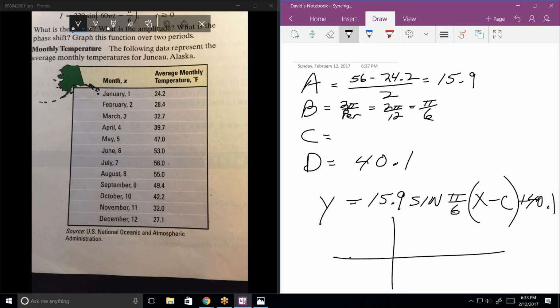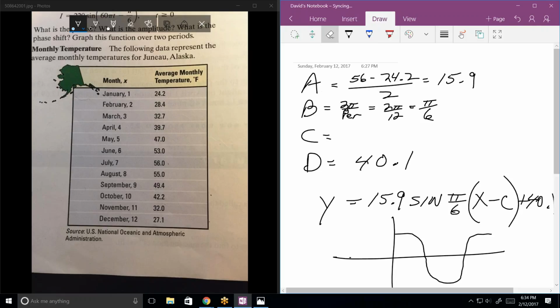The cosine curve starts at its high, goes down to its low, comes back to its high. Well, that's the opposite of this, right? So what should I use? Negative cosine. Right.